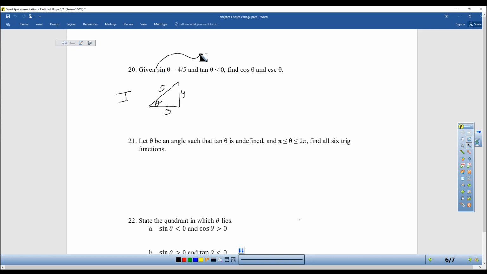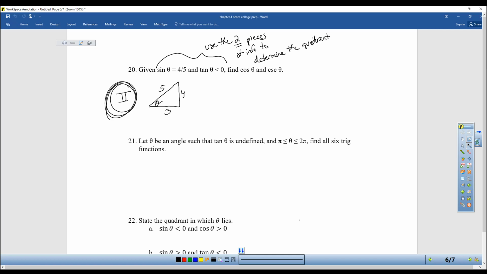So when they give you two pieces like this, use the two pieces of info to determine the quadrant. So you can draw the triangle that way if you want to, but if tangent is negative and sine is positive, I must be in quadrant 2.